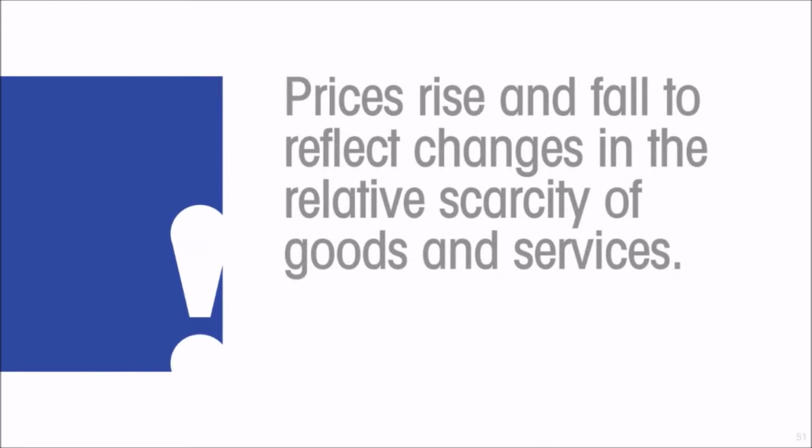This principle is that prices rise and fall to reflect changes in relative scarcity of goods and services. When goods become relatively more scarce, that is to say, when more people desire to have it relative to the amount that's available, prices go up. Prices go up on their own, almost like an automatic force.